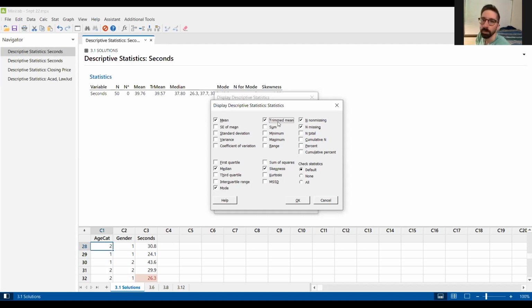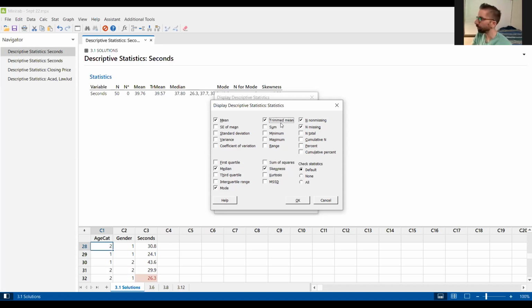What a trimmed mean means is that if you order the data set from smallest to largest, you can trim or remove the smallest and largest values by a certain percentage. So if you have a 5% trimmed mean, you might be removing 5% of the data points on the left and 5% on the right.